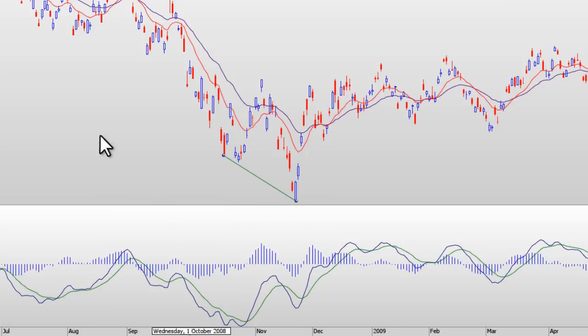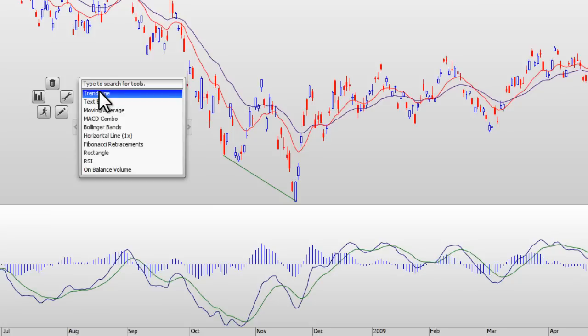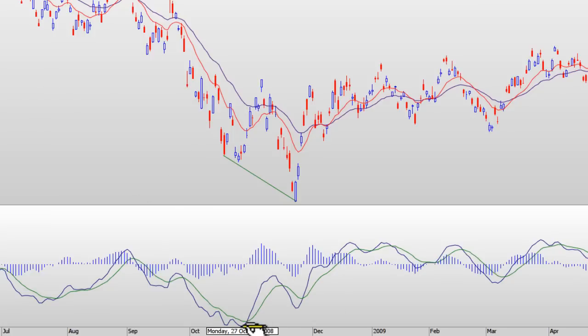But you'll notice that the MACD signal was actually forming a higher low and higher highs. What that's telling you is that the price was still falling, but it was falling at a decreasing rate, and so the MACD indicator had turned up.